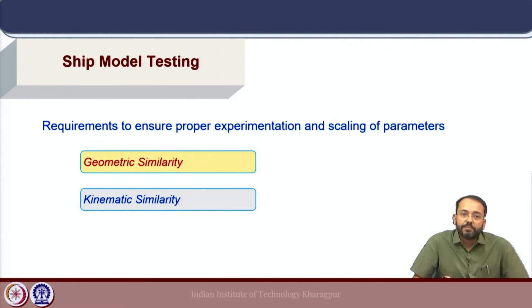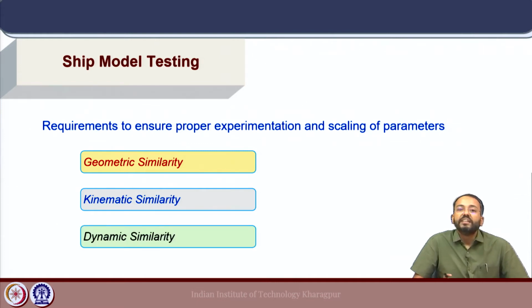The kinematic similarity ensures the similarity of the different velocities, and the dynamic similarity ensures the similarity of the force ratios. So, certain similarities we maintain, and we have seen that for ship model testing we maintain the Froude number similar in the ship scale and the model scale.